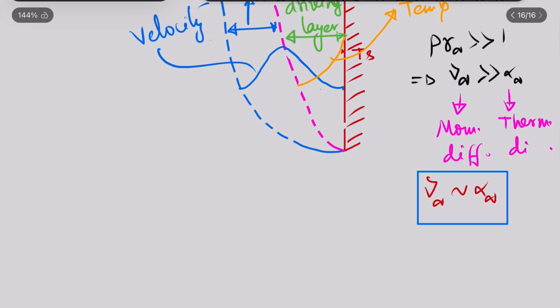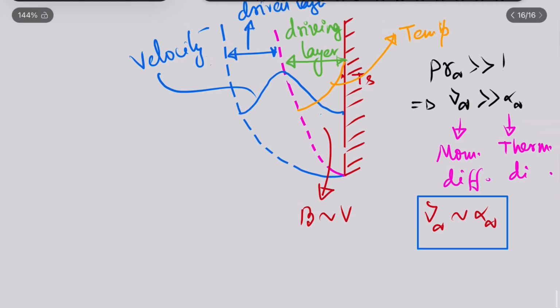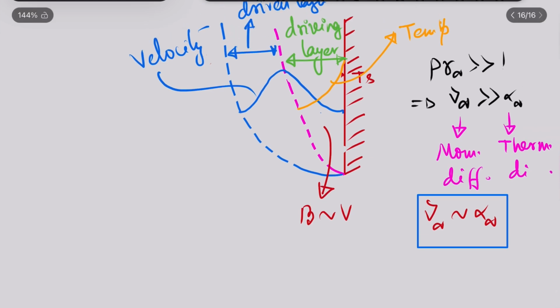Now see, in this layer buoyancy force is very important and it is competing with the viscous force. As the Prandtl number is greater than 1, I have shown you that the inertia force is negligible in the heated layer. Actually this is our heated layer now.